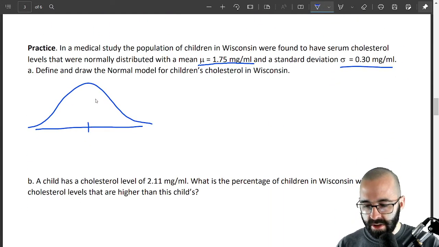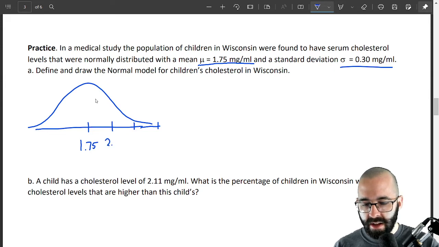All right. So the first one's kind of at the inflection point. The second one is equally spaced away. And the third one. So again, we always start at the mean, 1.75. And then we keep adding standard deviations. 0.3. We add 0.3, we get 2.05. Add 0.3.